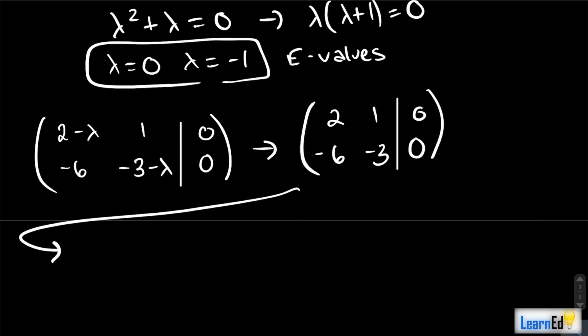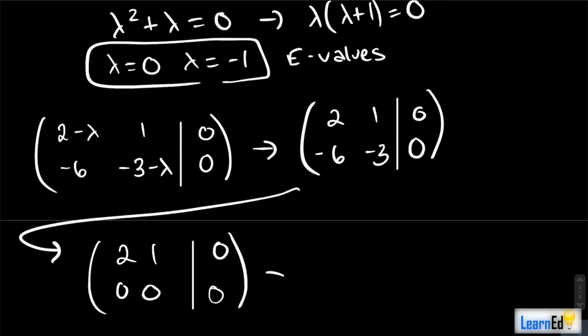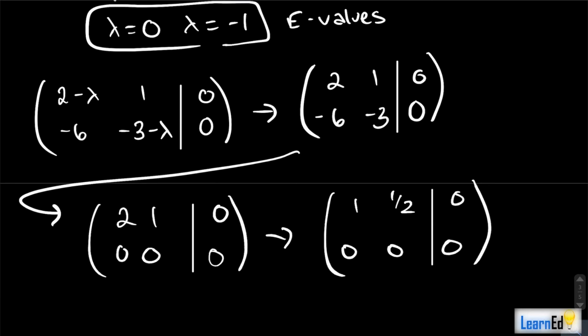And so we get 2, 1, 0. We can zero out the second row and just get 0, 0, 0. So I can scale the first row now to 1, 1/2, 0, 0, 0, 0. And there you go.